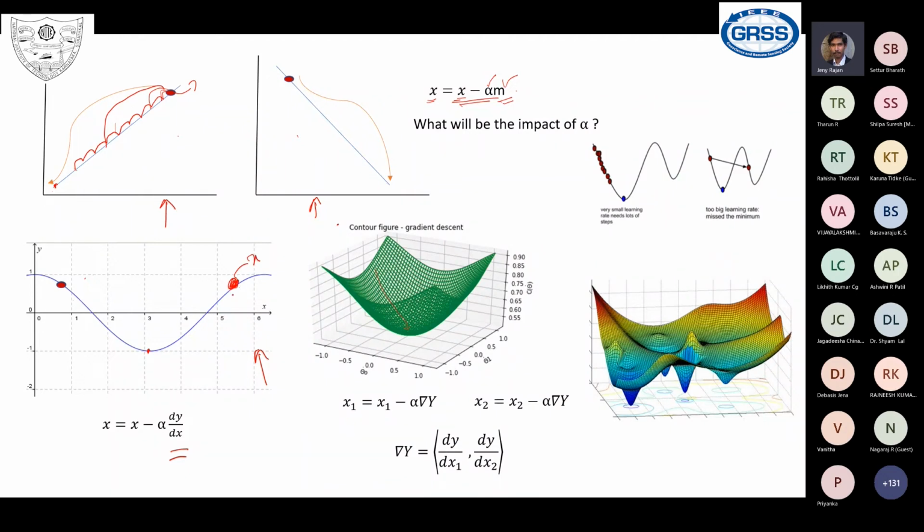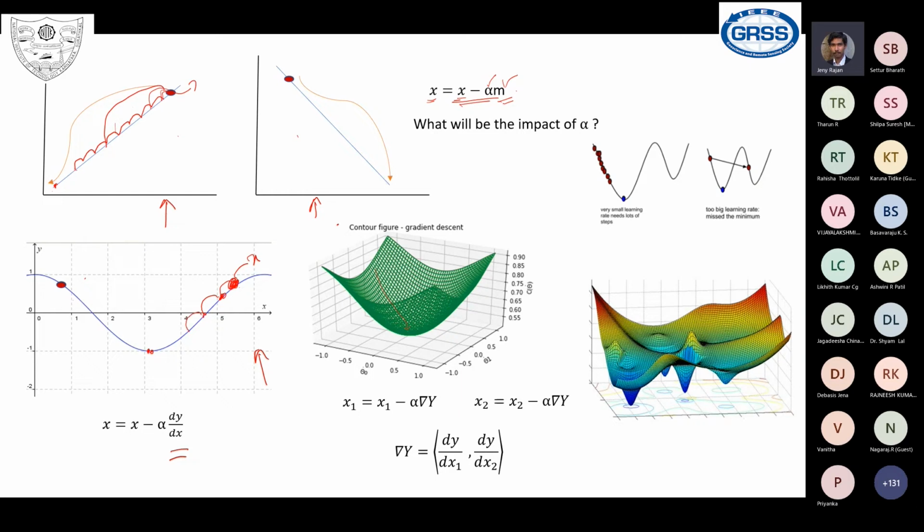The slope is positive, so I have to move against the slope: x is equal to x minus alpha into dy by dx. So I will reach here. My destination is this point. Now again I compute the slope, and in the next movement, the slope is still positive, so I reach here. Again I compute the slope and reach here.